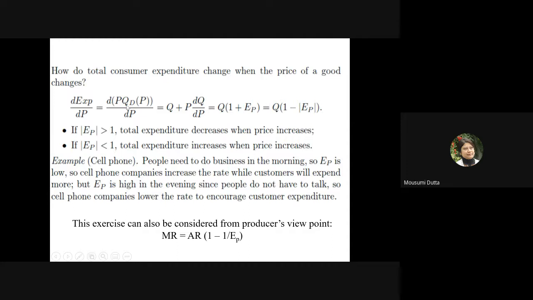If I take the derivative first with respect to P, I am getting Q only, plus P, this P remaining constant, now I am taking the derivative with respect to Q. So if I take the derivative of the expenditure with respect to P, we get Q plus P dQ/dP.